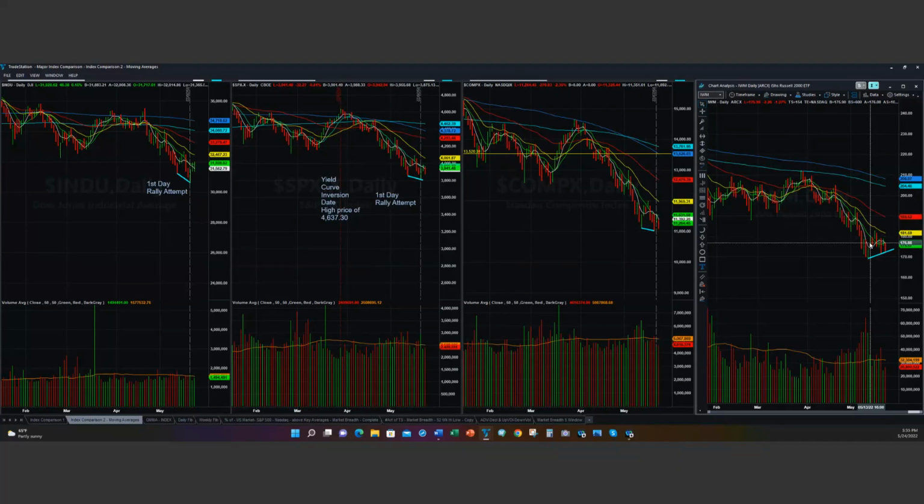We haven't seen these extremes. And also on the market breadth, the percentage of stocks below their 200-day moving averages, we haven't seen extremes like this. When we see these types of extremes, the market is trying to put in a bottom.